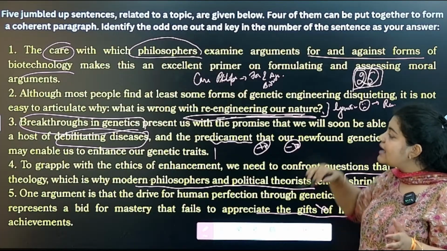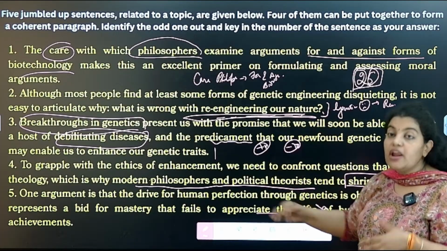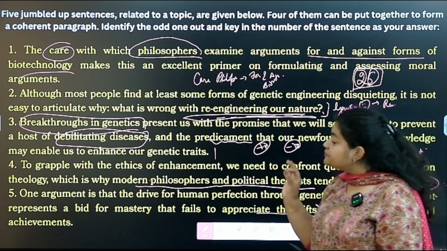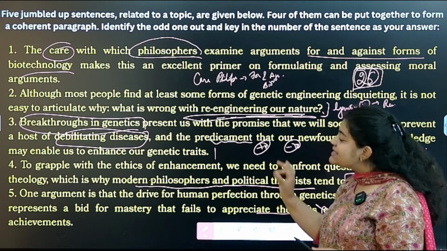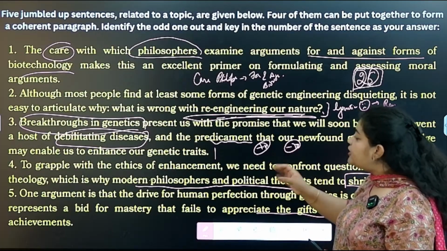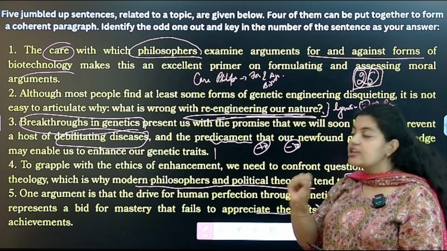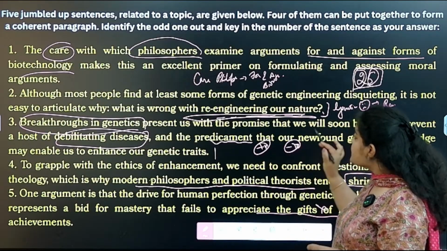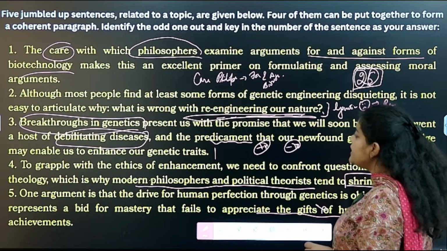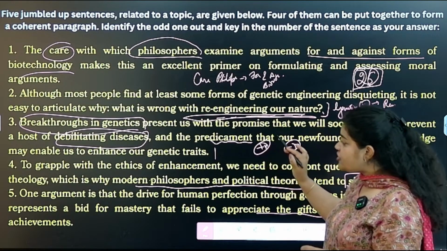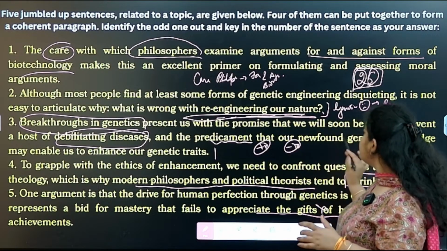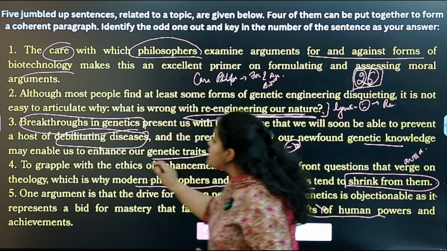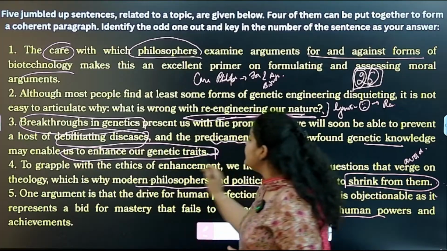Now we need to understand that out of 1, 3 and 4, which one will go and which is the odd one out, right? Now the one thing that we can see here is that the majority of the sentences are basically talking about genetics. Now, breakthroughs in genetics present us with the promise that we will soon be able to prevent a host of debilitating diseases, and the predicament that our newfound genetic knowledge may enable us to enhance our genetic traits.